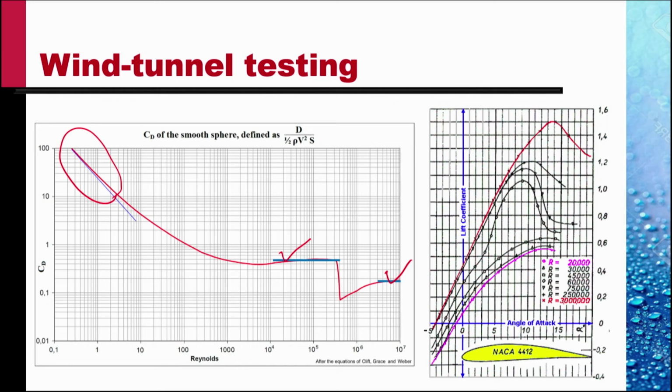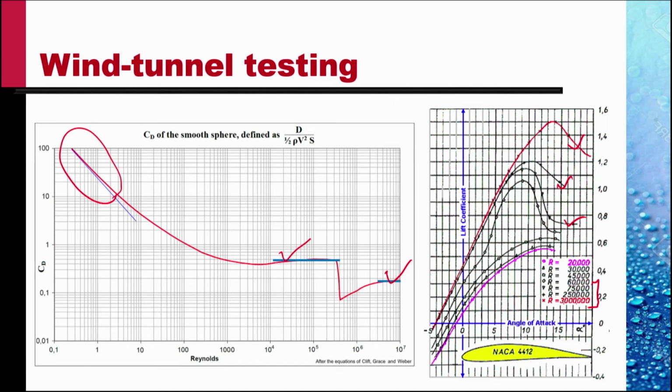These three curves, this, and this, they cover a Reynolds number range from 75,000 to 3 million. A very large range. Most flights are within this range.